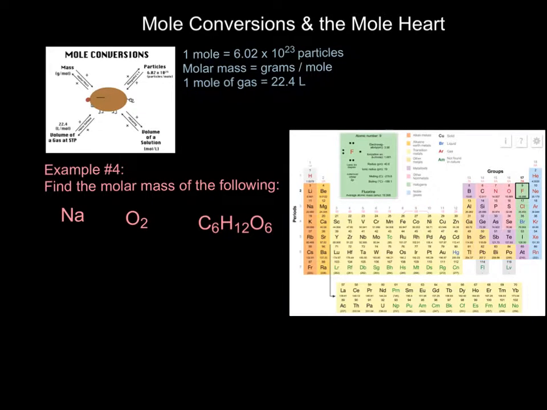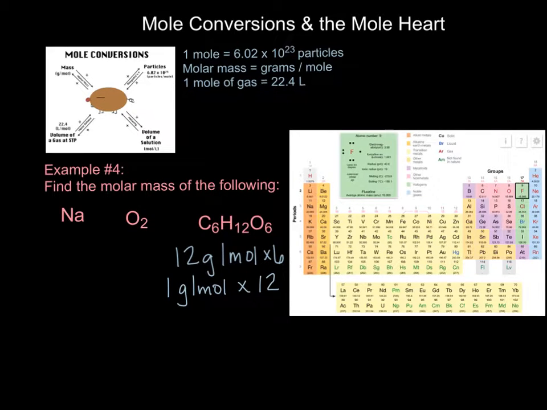So my molar mass of carbon is 12 grams per mole. But I have 6 of those, so I have to multiply it by 6 since I have 6 carbons. My atomic mass of hydrogen is 1 AMU, so my molar mass of hydrogen is 1 gram per mole, but I have 12 hydrogens, so I have to multiply that by 12.